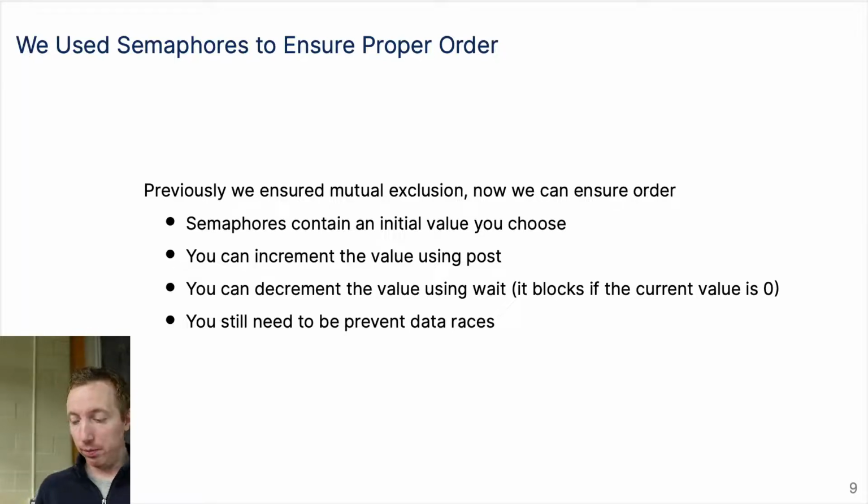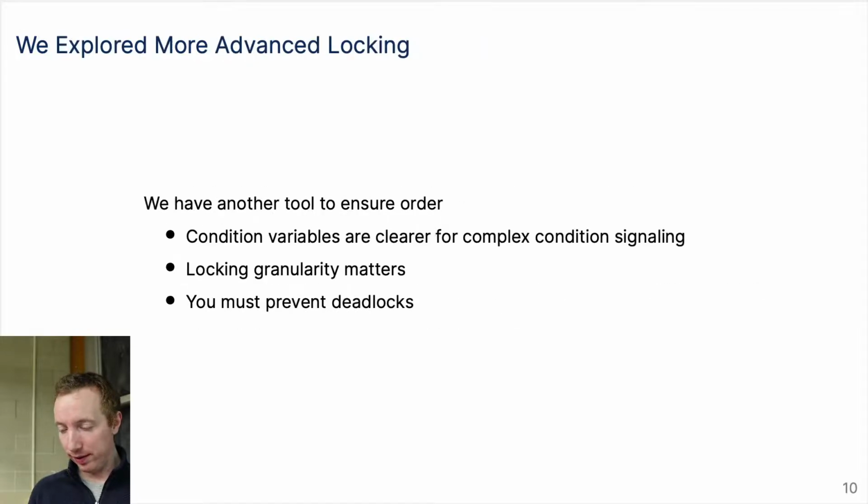You can use them to ensure some type of order, but this is mostly ordering. You can use the semaphore as a lock, like we kind of saw, but you might use them for ordering, in which case there's still potential for data races, which you still have to solve. And of course, you can use mutexes.